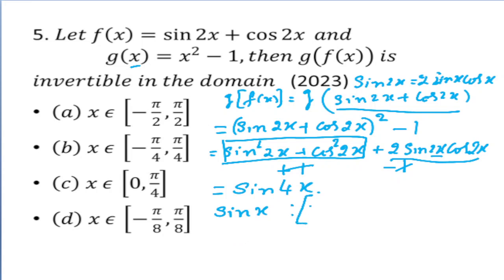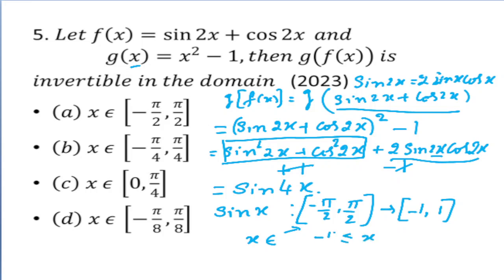In the principal value branch, the closed interval minus pi by 2 to plus pi by 2, this function is invertible. The range remains the same, minus 1 comma 1 closed interval. Now in this case, x belongs to this interval, that you can write as x greater than or equal to minus pi by 2, less than or equal to pi by 2.